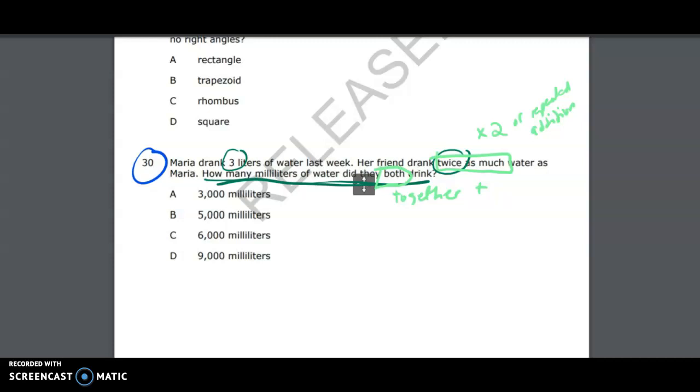Maria drank 3 liters of water last week. Now you look at the answer choices, they don't have them in liters, they have them in milliliters. And what you have to know and understand is that 1 liter equals 1,000 milliliters.